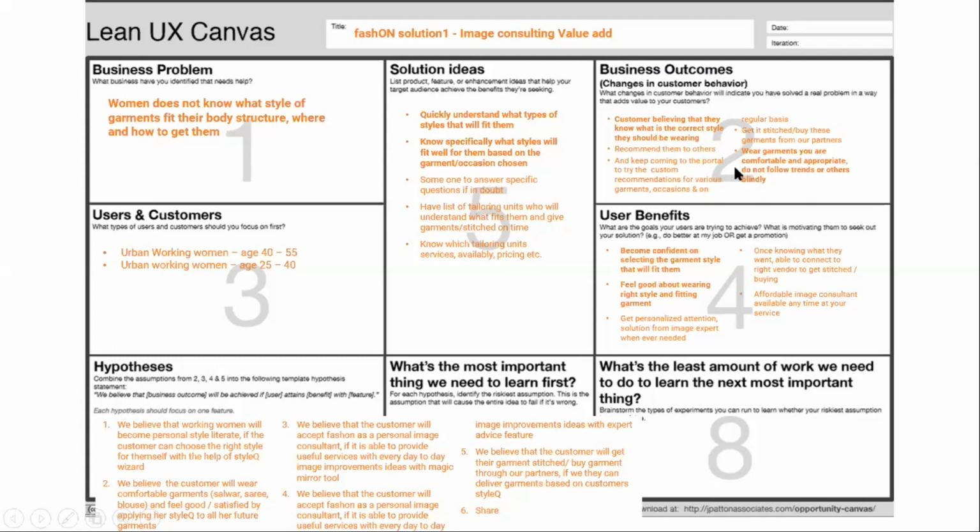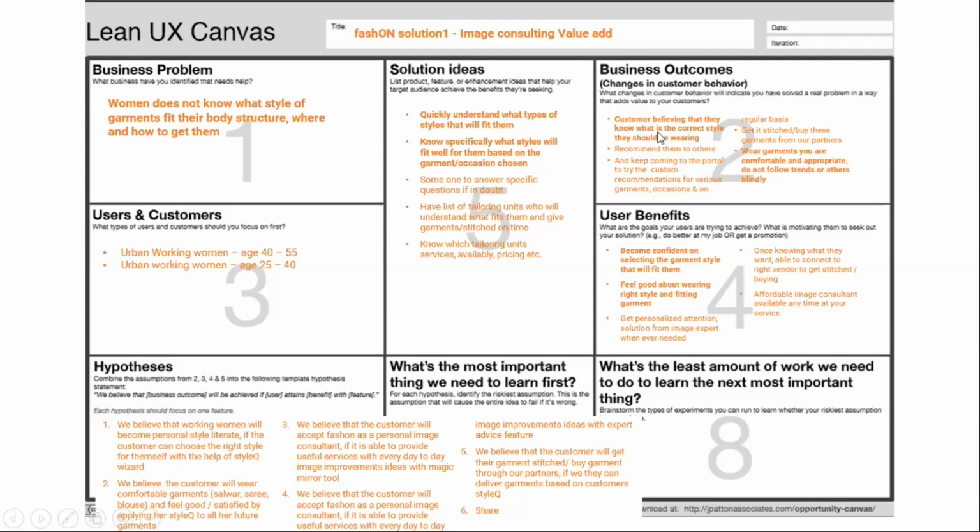Here, the business outcome we're expecting is customers believing that they know the correct style they should be wearing. The problem is that they don't know what to wear, so after using the product, the outcome we're expecting is that the customer now believes they know the correct style they should be wearing.